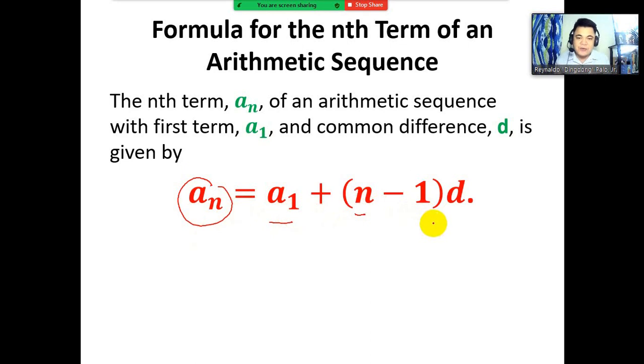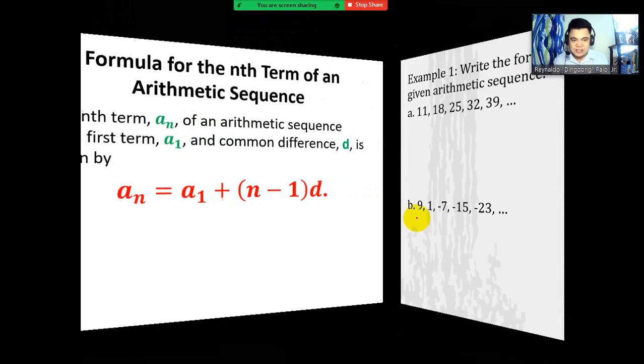Again, the formula is a sub n equals a sub 1 plus n, the number of terms or the position of the term, minus 1 times d. That's the formula in finding the nth term of an arithmetic sequence. It's also what we call the general term of an arithmetic sequence.